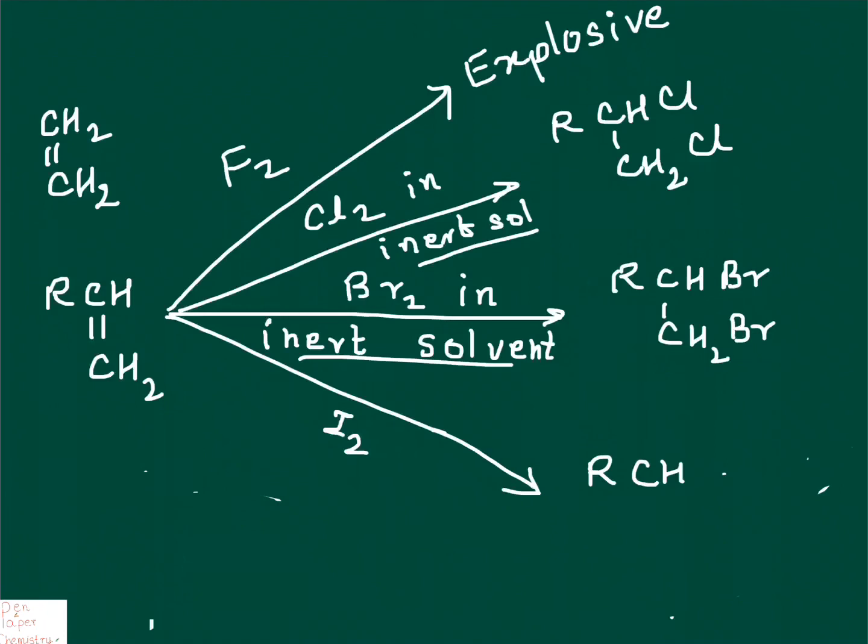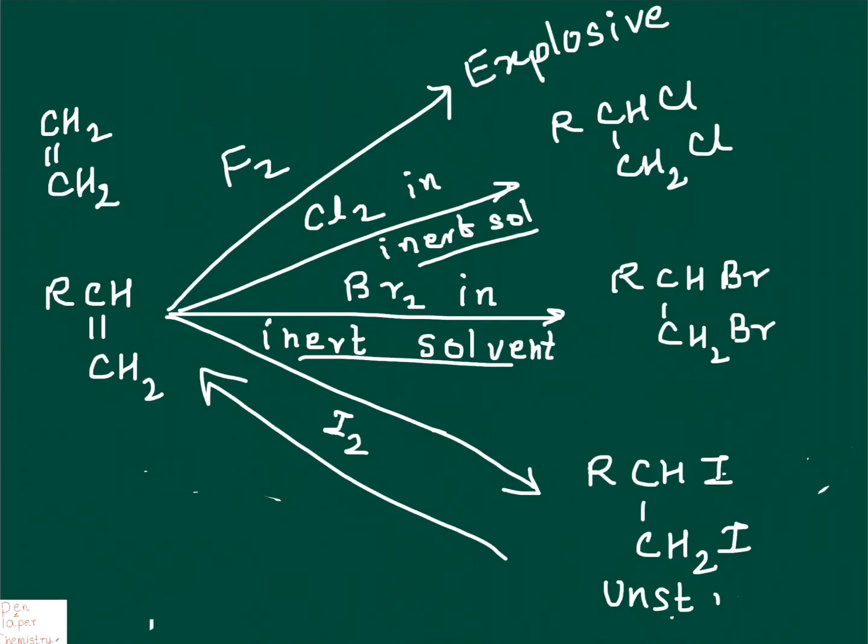Technically it should form RCHI single bond CH2I, but it wants to go back. So this is a reversible reaction, with the result that this becomes a little unstable compound. So our easy recall is the reaction with chlorine and bromine.